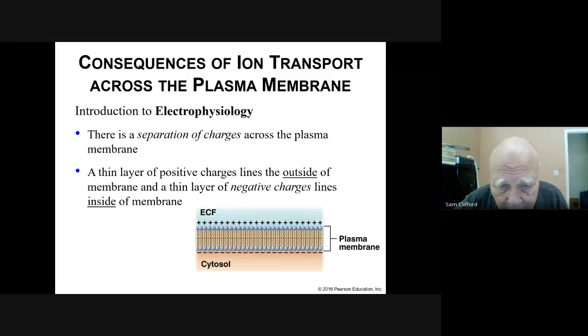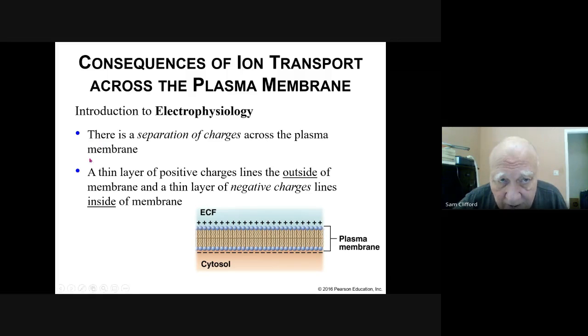Okay, so the outside of the cell has a thin layer of charge. So there's a separation of charge. The inside is slightly negative. The outside is slightly positive because there's an excess of sodium on the outside.